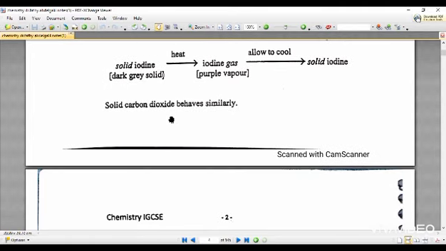Solid carbon dioxide has a common name, dry ice. Let's continue.